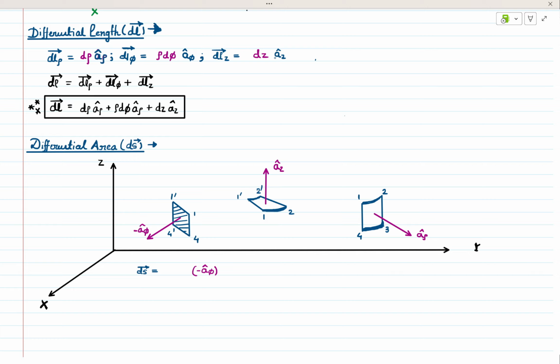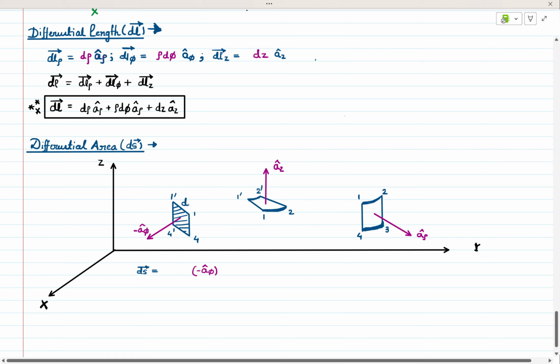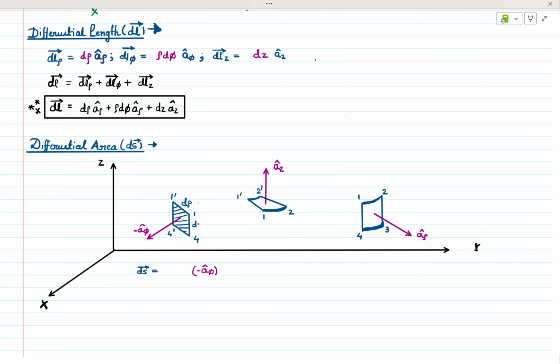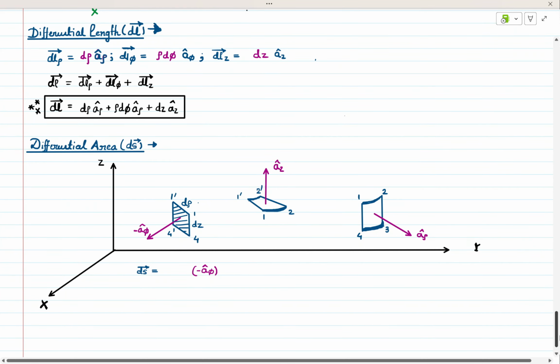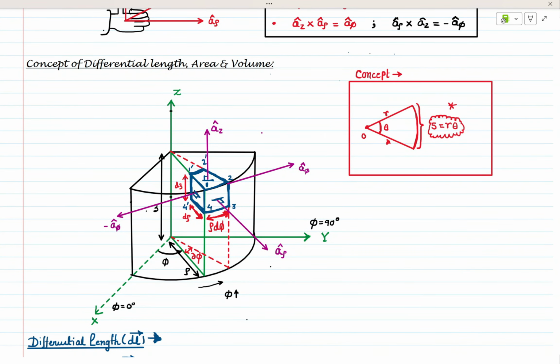Now for area, you know that this side is the arrow, this was the arrow and this was the dz. Look at the main figure and you will understand. See, this is the dz and this is the d-rho. The d-rho here means 1 1 dash is also d-rho, 4 4 dash is d-rho.